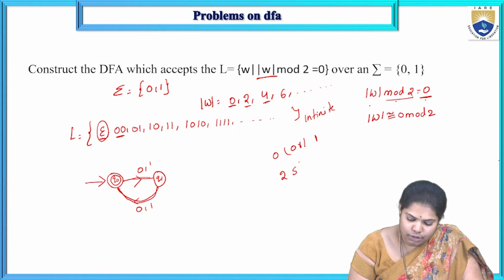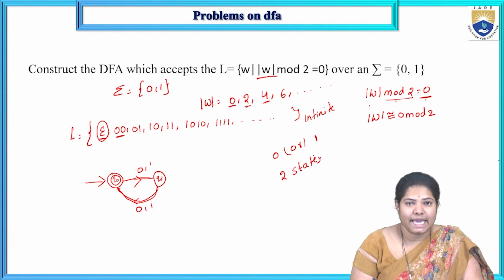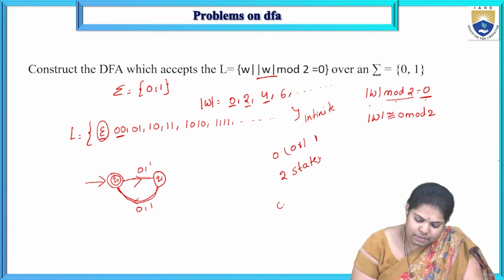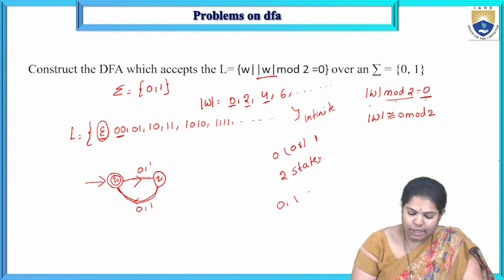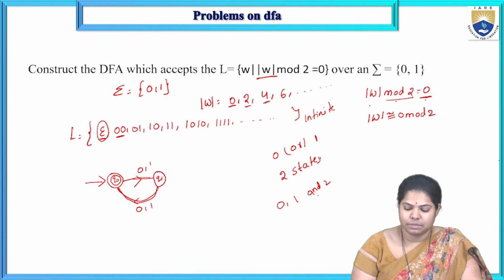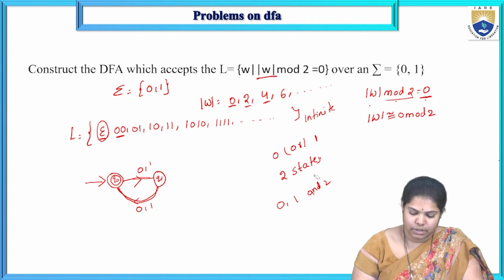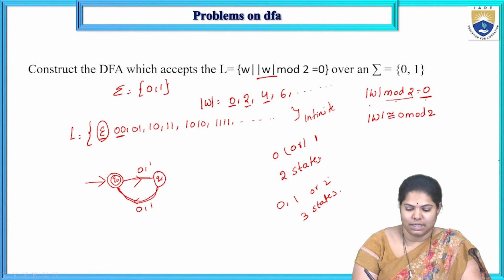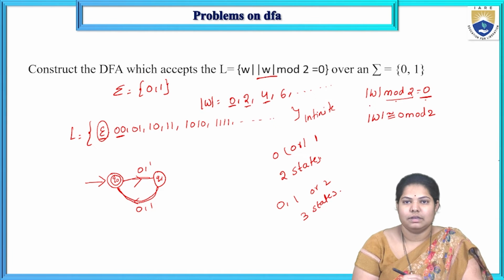If a number is divided by 3, what are the possibilities? We get remainders 0, 1 or 2. So how many states do we get here? We get 3 states. This is a small piece of information regarding the number of states in a finite automata.